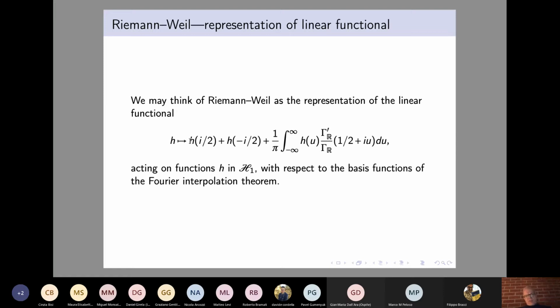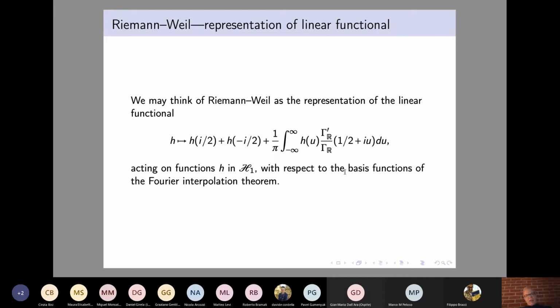I hope you can see where I point on the screen. The functional that I've written up here acts on functions in our space H1. So the Riemann-Weil formula can be seen as the representation of this functional with respect to the basis that we have.